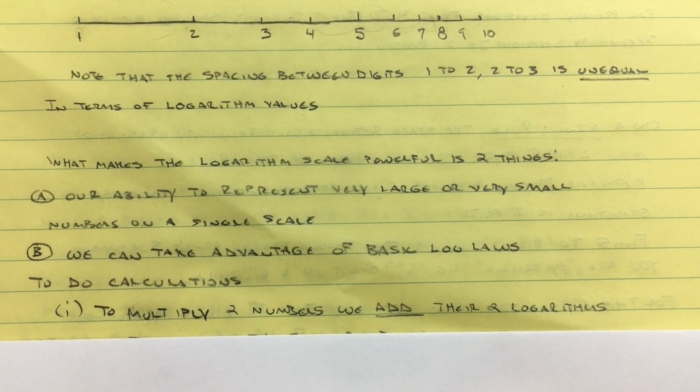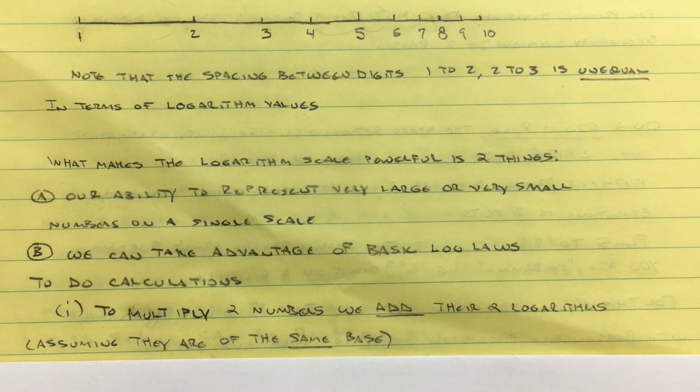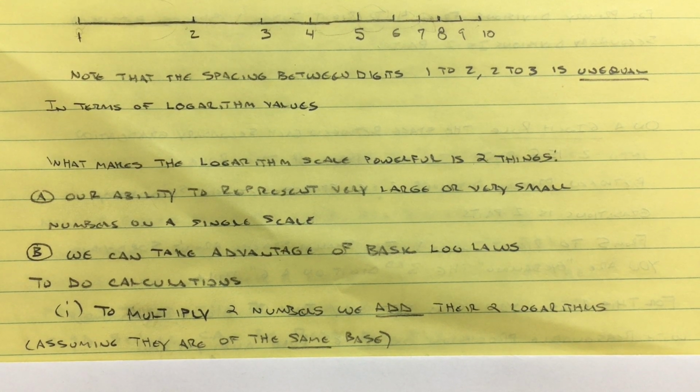To multiply two numbers together, we add their two logarithms, and I think we've touched on that on a previous video, assuming that they are of the same base, and that's always going to be the case in terms of using a slide rule, which represents log base 10 type of computation, except where noted.